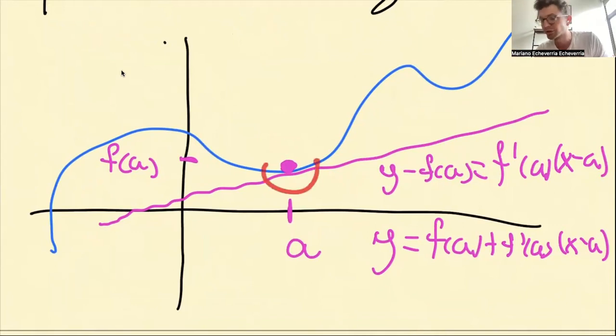That can be used to approximate values of the function, because you approximate the value of the function with the value you would get from the tangent line. Pictorially, in terms of the graph, this tells you that you can approximate the graph of the function with the line, at least if you look close enough.